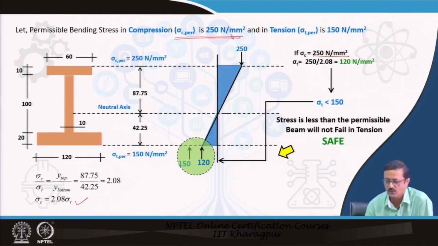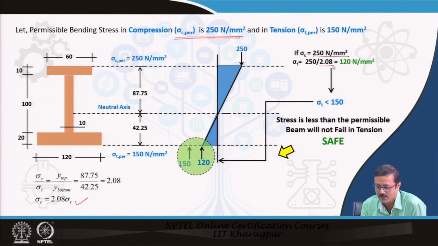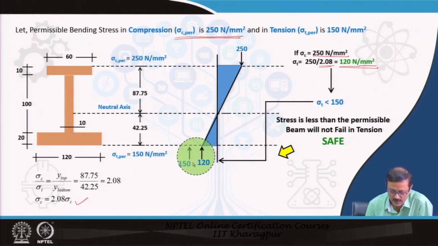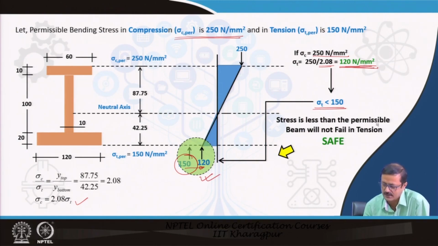If it is so, sigma t will be 250 by 2.08, which is 120 Newton per millimeter square, which is much less than 150. 150 is the limiting permissible case for the tensile side. So 120 is okay, that is why I have marked it in green color. It is less than 150, the stress is less than the permissible, and that is why it is safe.